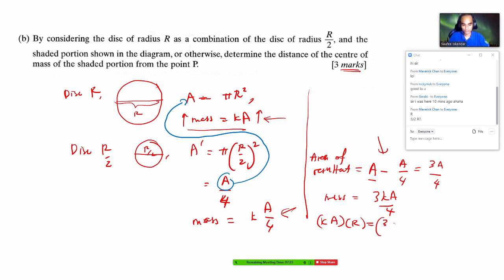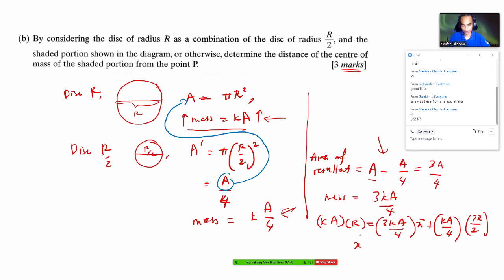So 3kA divided by 4, this is the mass, times x, the coordinate of x, plus the removed one, kA divided by 4, times the distance, that is 3R divided by 2, and you end up with x.